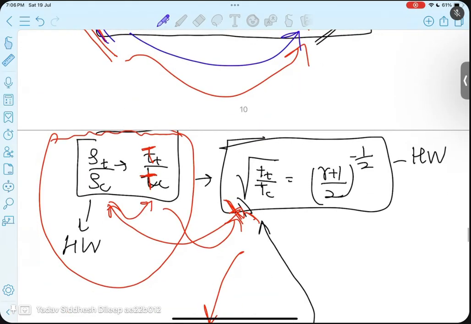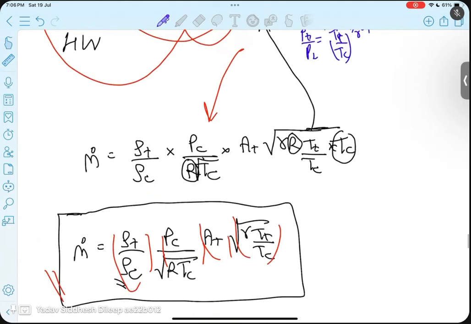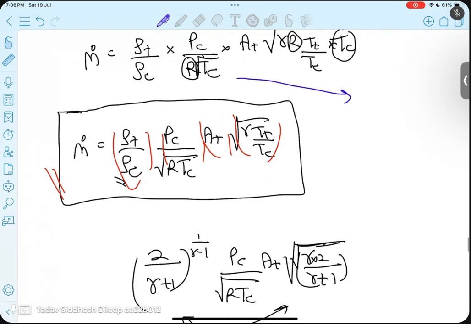Then again, you have PT by PC equals TT by TC raised to gamma upon gamma minus 1. So you can derive these equations as well, because I will tell you why. Your m dot is rho T by rho C, and then this was rho C, which you wrote as PC by R TC.